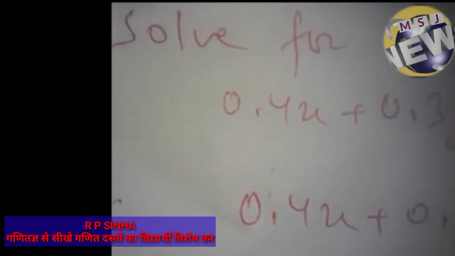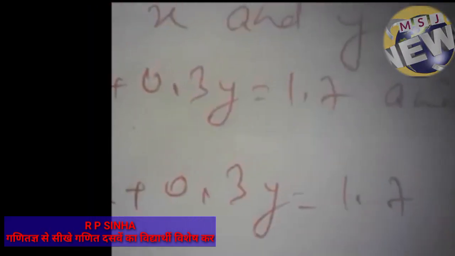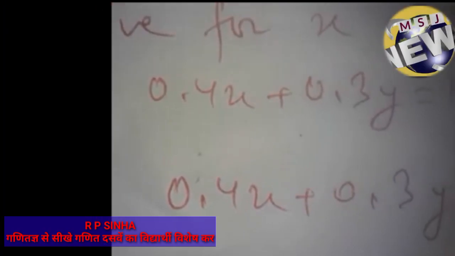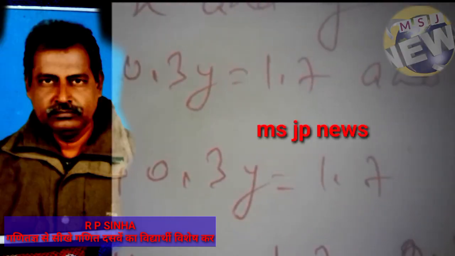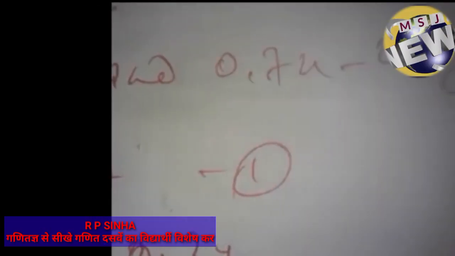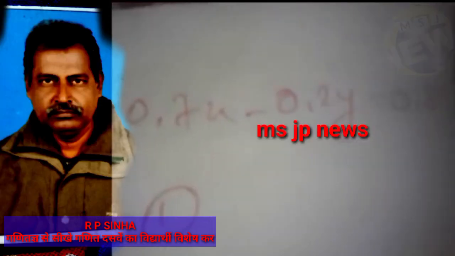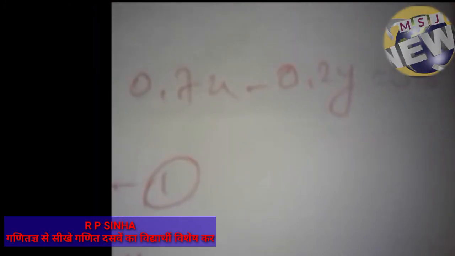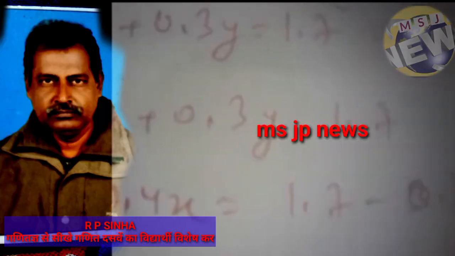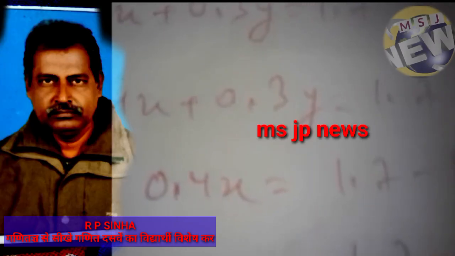The equations are given: 0.4x plus 0.3y is equal to 1.7 and 0.7x minus 0.2y is equal to 0.8. You have to find the values of x and y which satisfy both the equations.